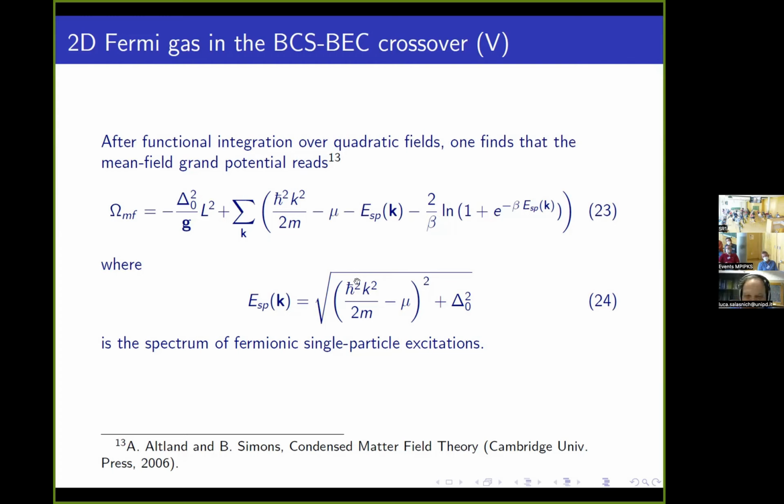And this is equation 24 for the spectrum of fermionic single particle excitations. It's quite familiar in the BCS theory.